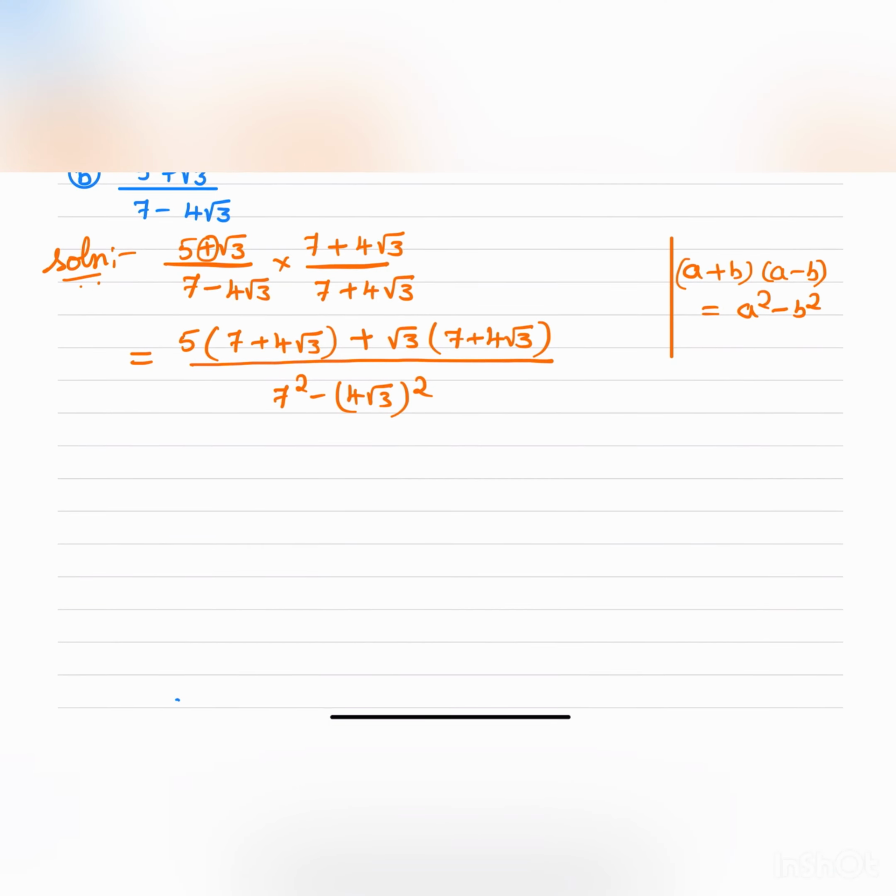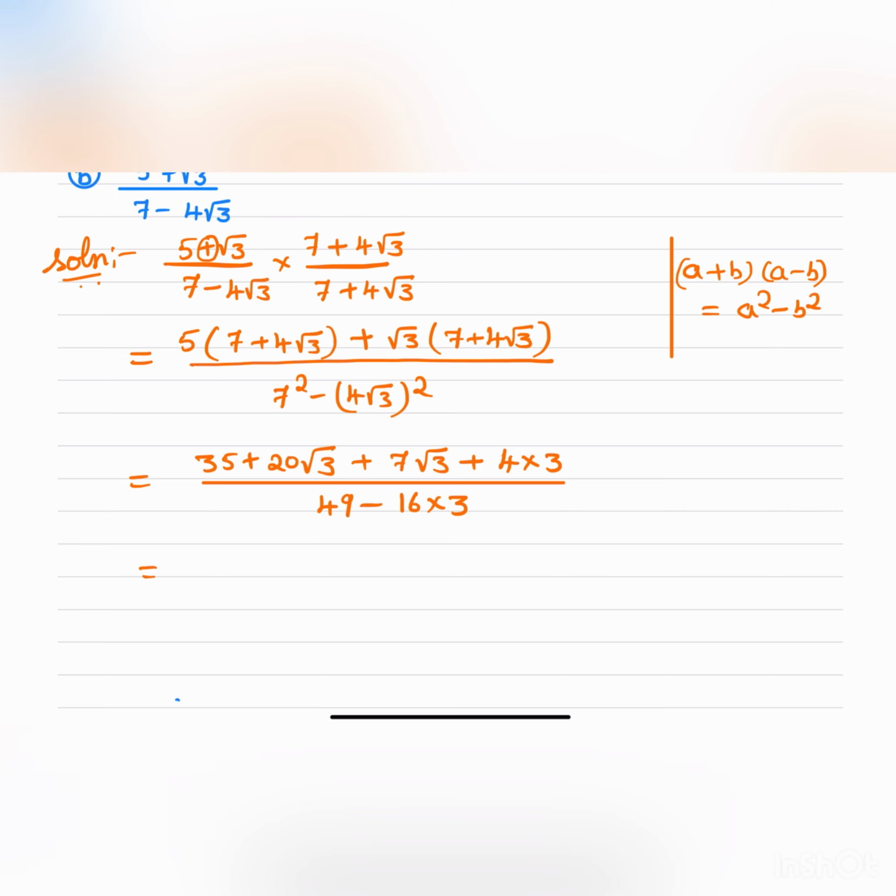And now let us multiply the numerator. 7 5s are 35 plus 20 root 3 plus 7 root 3 plus root 3 into root 3 is 3, so that is 4 into 3, divided by 7 square, which is 49, minus 4 square, which is 16, times root 3 whole square, which is 3.